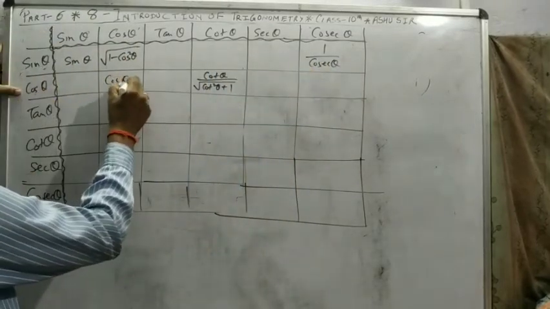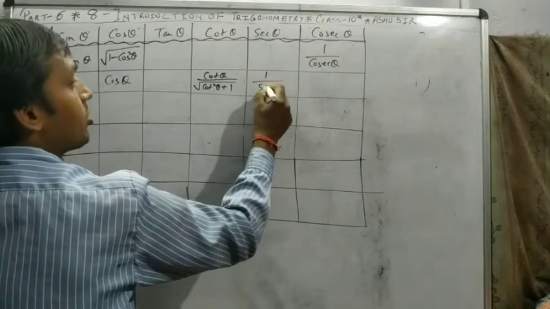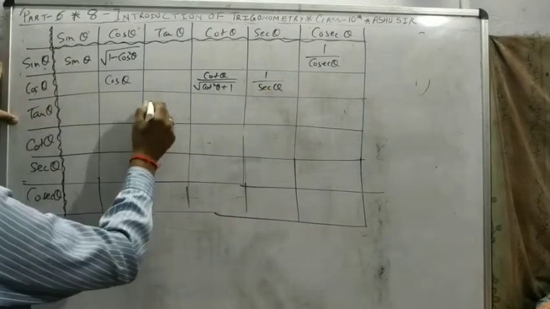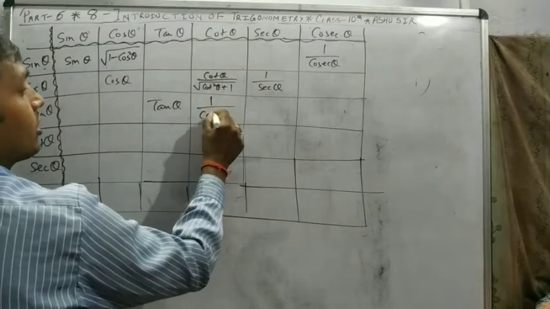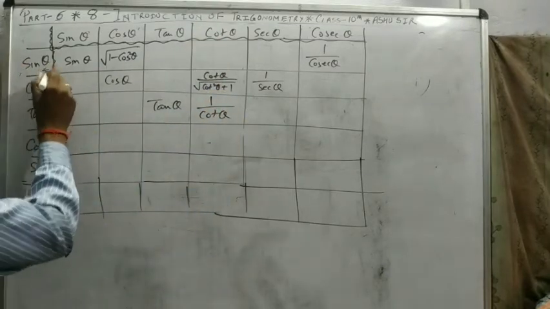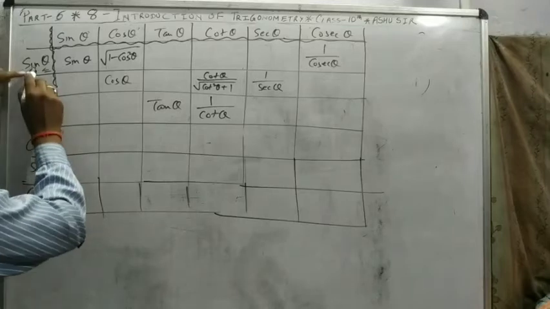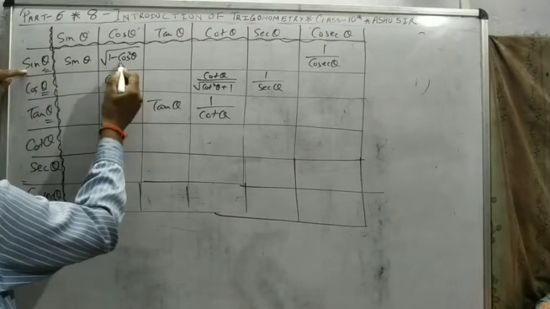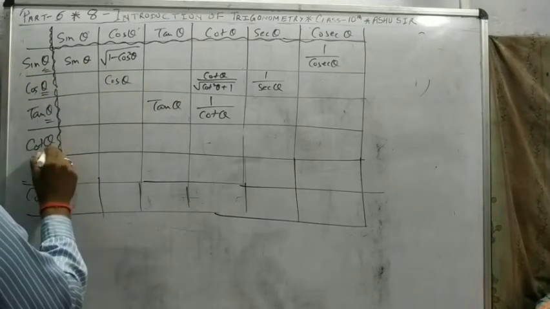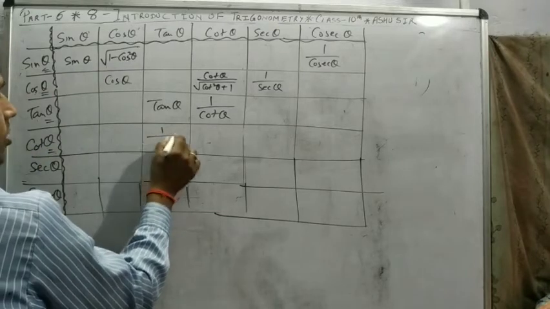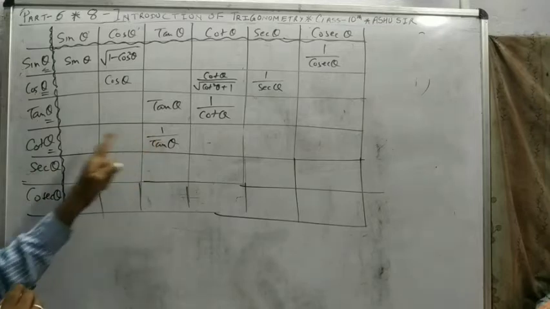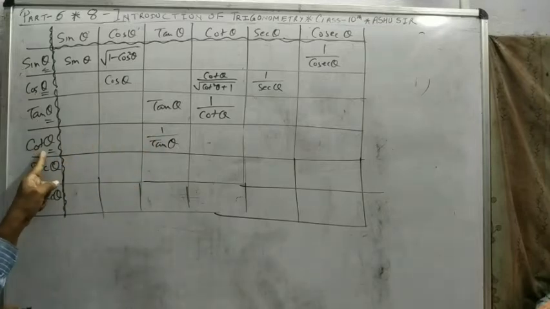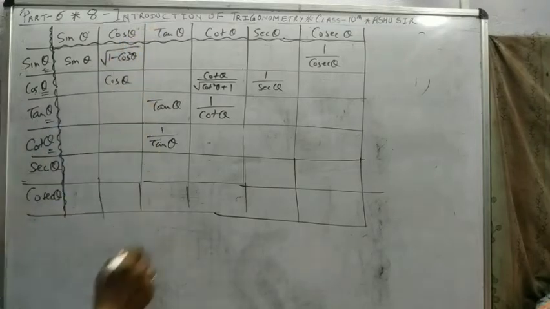Cos, sec: 1 upon sec theta. Tan, cot: 1 upon cot theta. Cot is equal to 1 upon tan. Means the value of cot theta in terms of tan theta.